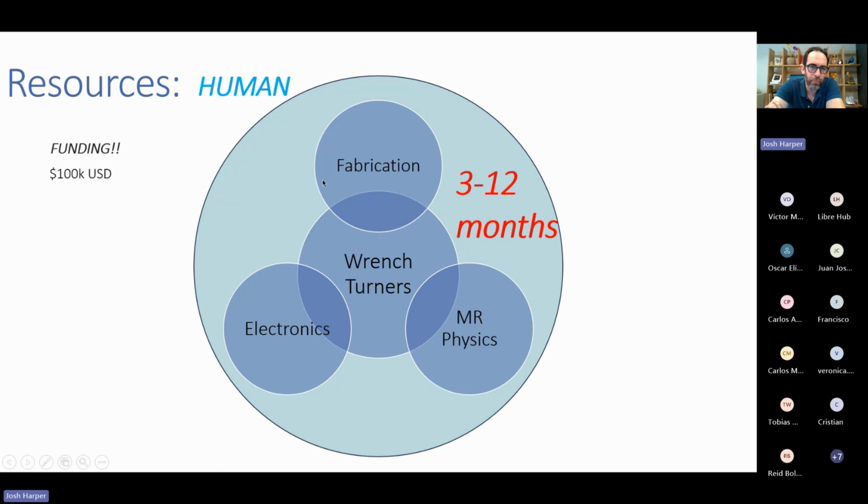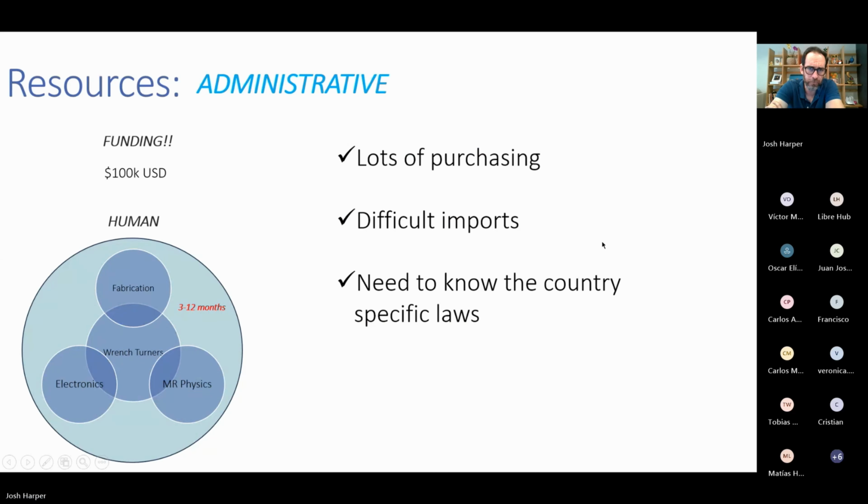There are very few people who embody all of these things at once, and I think it's really better to think of how you can work in a group with these types of people. And I would suspect that you need between 3 and 12 months to build a system, depending on the number of people that you have and the level of experience they have with these types of systems.